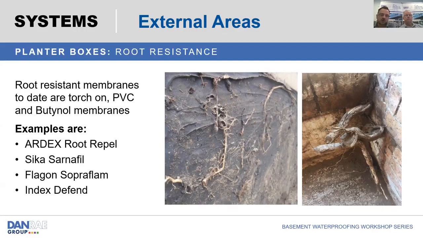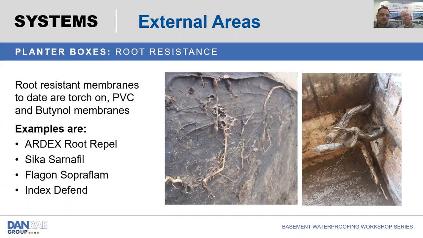As soon as they find a pinhole or something, it just goes in and out of the membrane. So we would recommend some form of sheet installation that is actually root repellent. There's a few products I've listed there that are quite good for root repellent membranes, and we've installed quite a few of those, and they've been quite good.